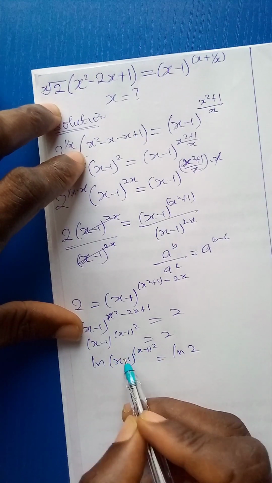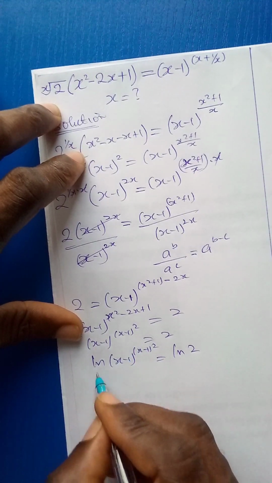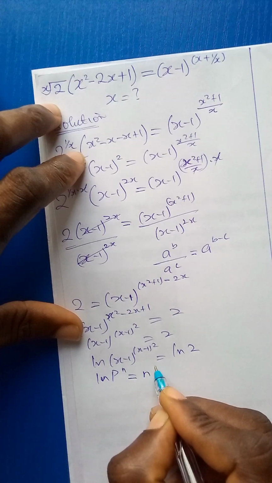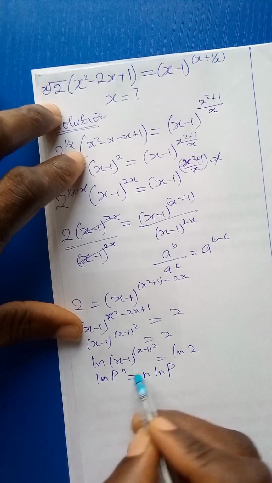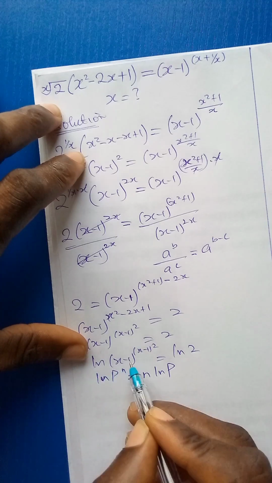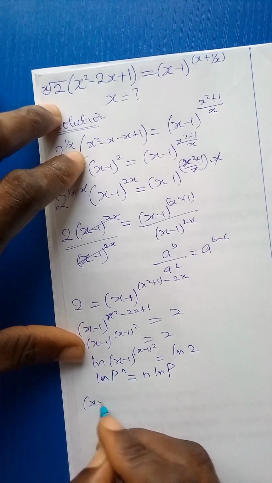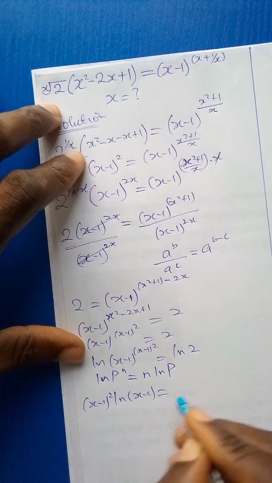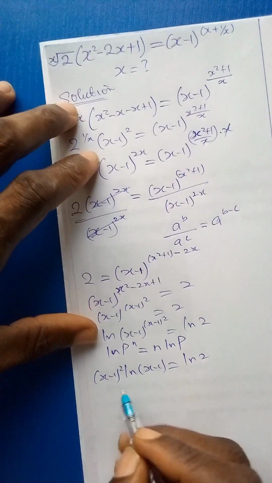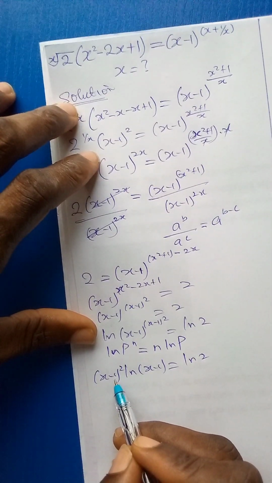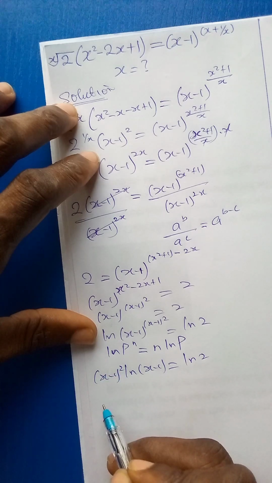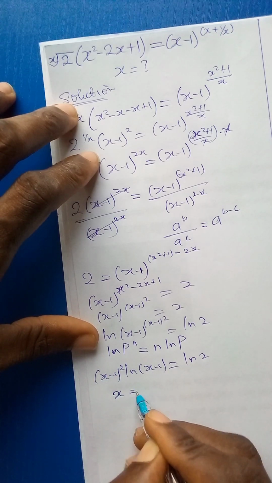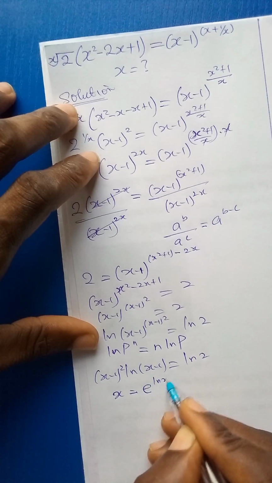I will apply the power law of logarithm here. If I have ln p to the power n, it is equal to n ln p. More like this power will come down here and multiply the logarithm. So x minus 1 to the power 2 ln x minus 1 is equal to ln 2. Another thing I will do is to rewrite this expression. And how will I do that? If I have x, I can write it as e to the power ln x.